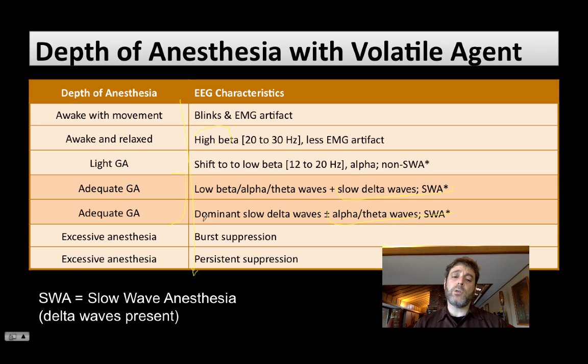Excessive anesthesia could already be occurring in this delta dominant zone, especially with a lower frequency of the spindles, so theta spindles or even low frequency alpha spindles. But certainly once you get to patterns of burst suppression and persistent suppression, anesthesia is probably excessive.